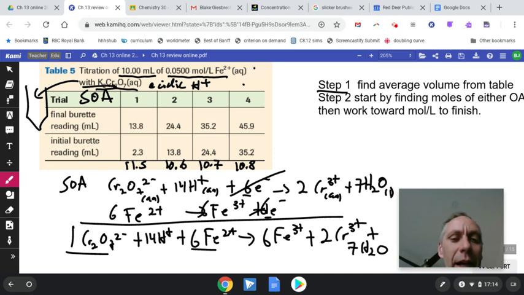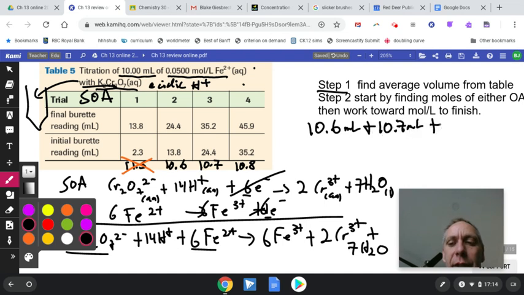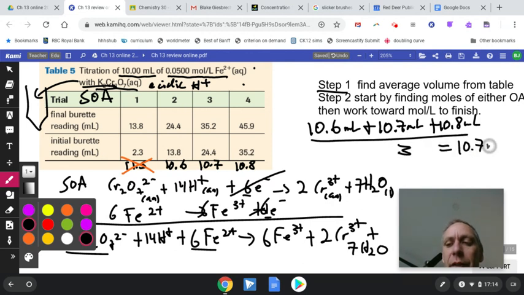Okay, I'm getting distracted. So always discard the first one if it's not within plus or minus 0.1. That's the ballpark or the estimate, so it's gone. So we have to take our average, 10.6 plus 10.7 plus 10.8 divided by 3, and we get an average volume of 10.7 mL. So that would be the volume average, and that is for our strong oxidizing agent.